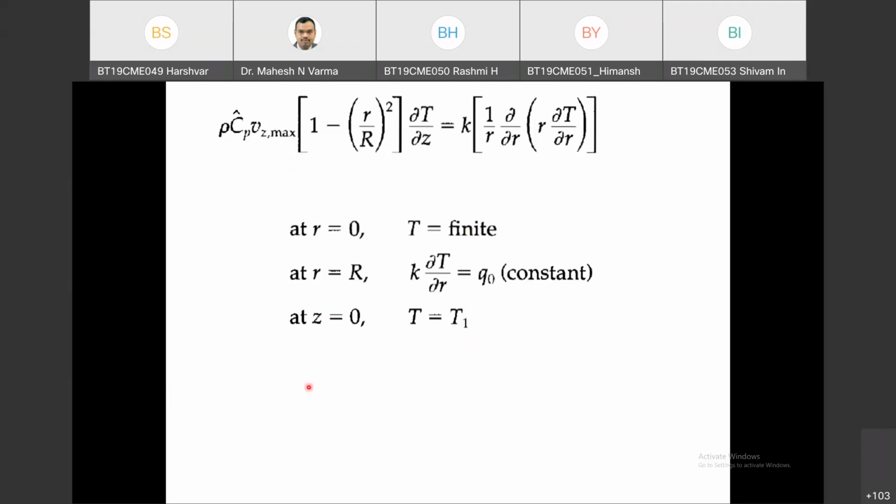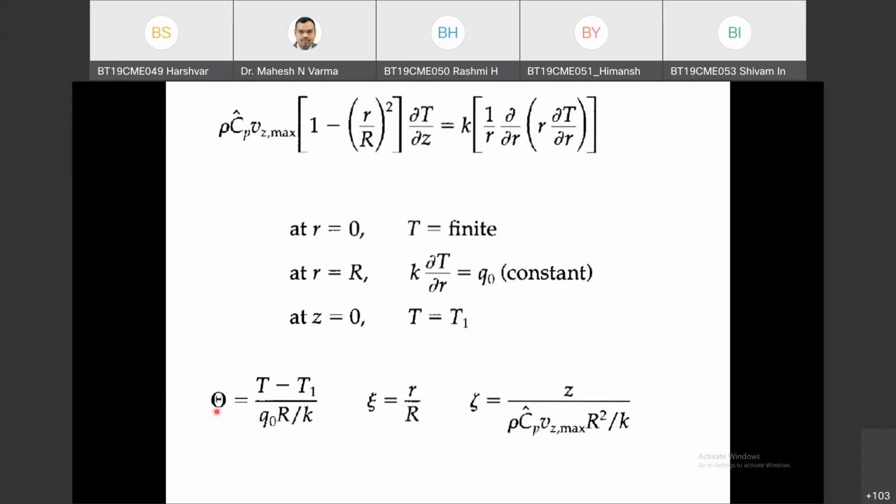You can solve as it is using these three boundary conditions, but the third boundary condition will not be useful because it does not capture the variation of temperature with respect to R. To consider that, you need to take the heat balance over length L. You can solve as it is, or convert this into a dimensionless differential equation. For using these dimensionless terms, what will we be using?